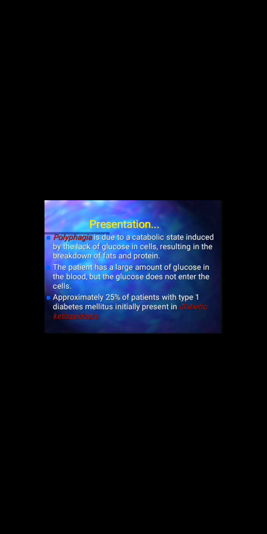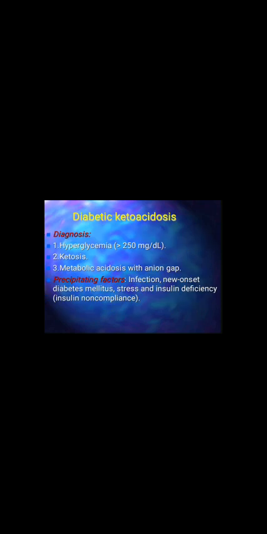Approximately 25% of patients with diabetes type 1 initially present with what we call diabetic ketoacidosis. In simple terms, we shall be calling it DKA. So what is diabetic ketoacidosis? How do we diagnose it? If we get any of the 3, there are high chances that these patients could have DKA. The first one, hyperglycemia. That's when the glucose level in blood is above 250 milligrams per deciliter.